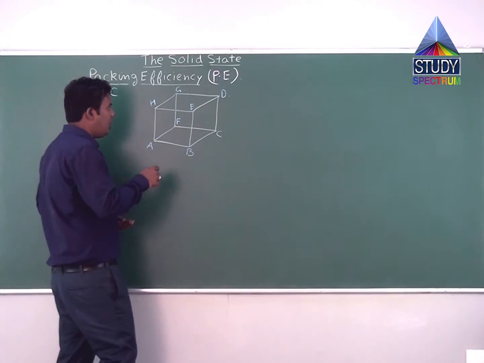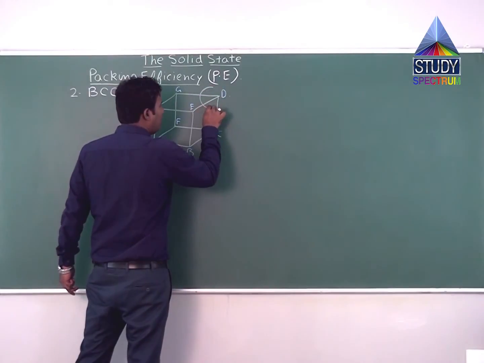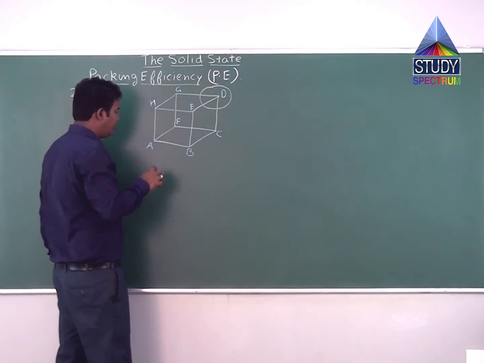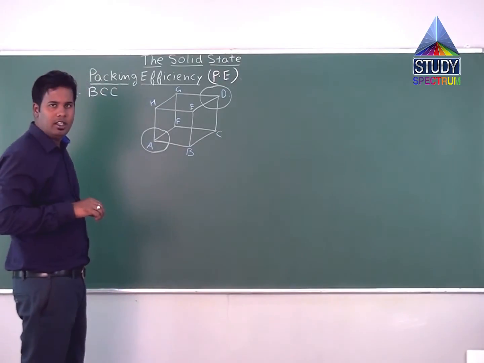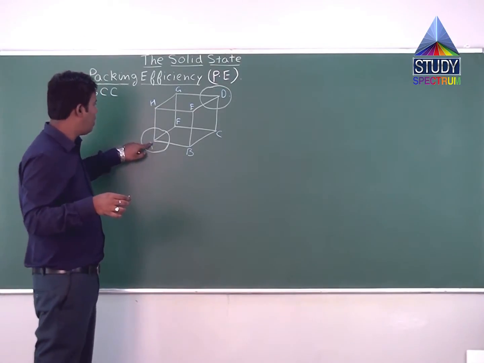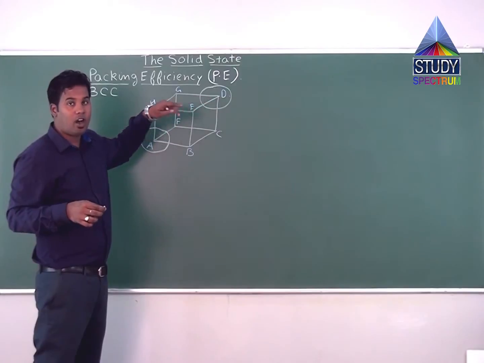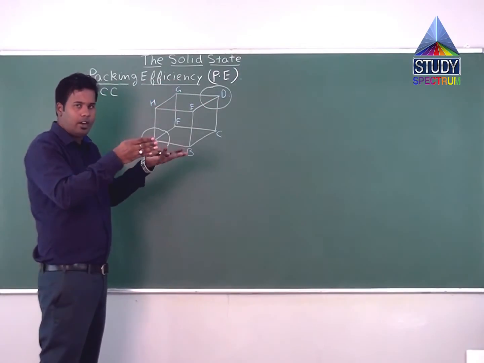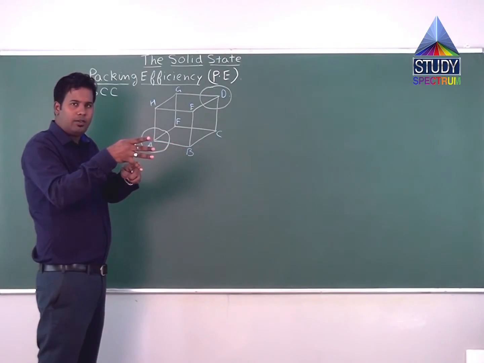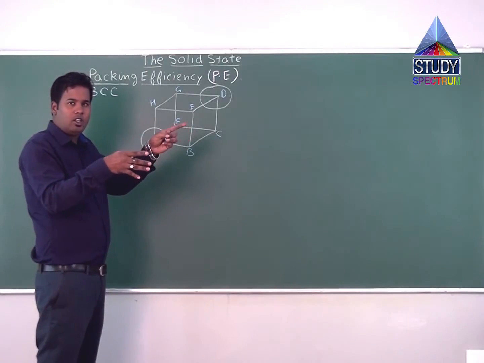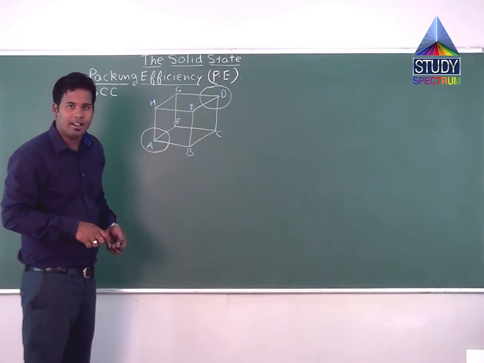Now, since we have atoms present at each corner, I have chosen two opposite corners, that is A and D. A is a corner of face ABEH, whereas D is a corner of the opposite face. Try and understand, there are two opposite faces. I have chosen the corner A of this face and the corner D of the opposite face, so that if I join AD, it becomes a body diagonal.